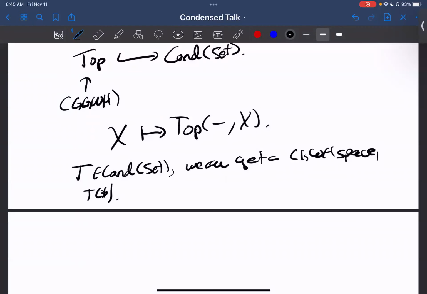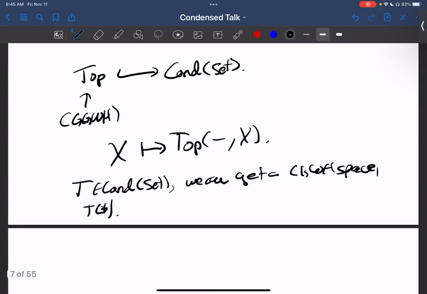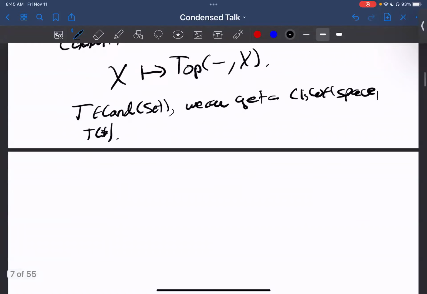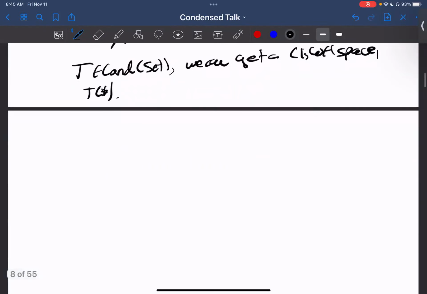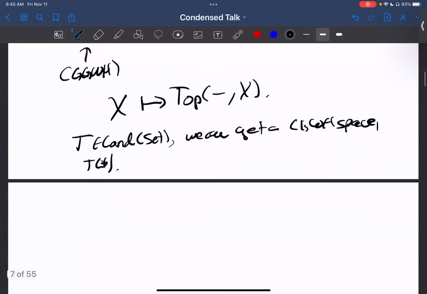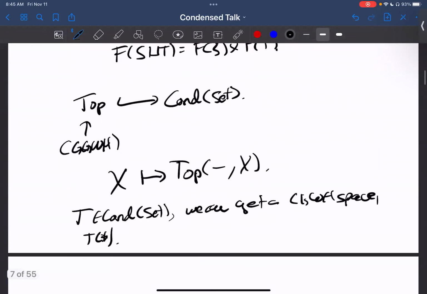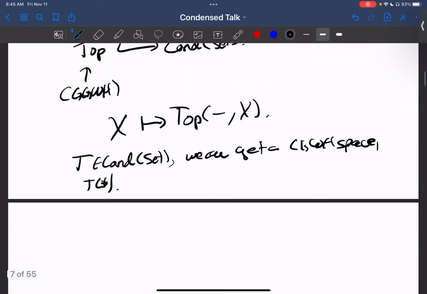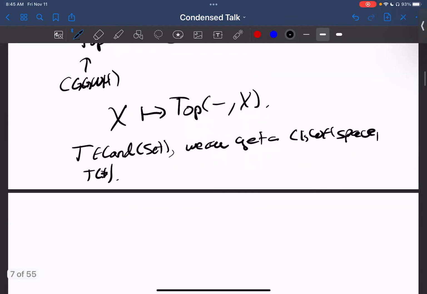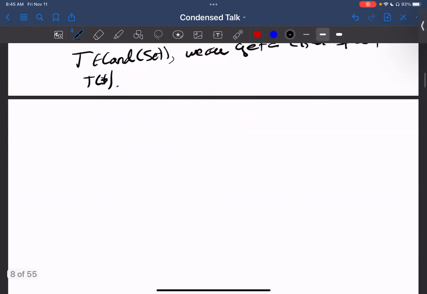I'm not going to spell out all the details for that. You can check Scholze's notes in order to see how to do that. All right. So let's shift and talk a little bit about this. It forms an adjunction. There's an adjunction in topological spaces and condensed sets, and we're not going to harp too much on that.